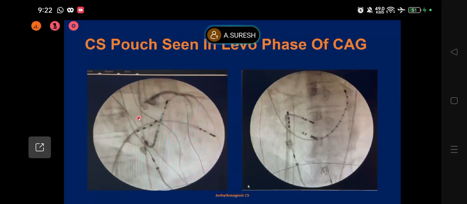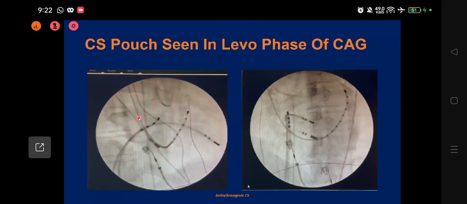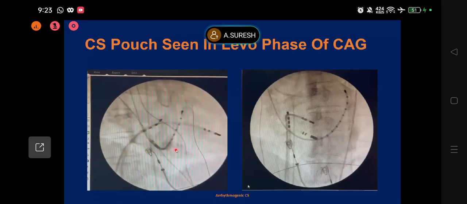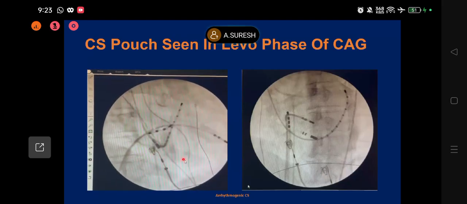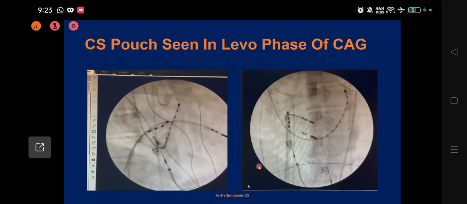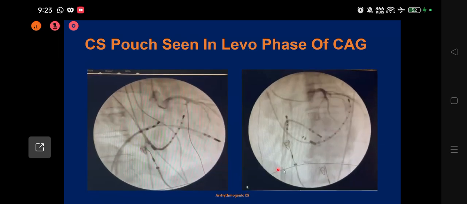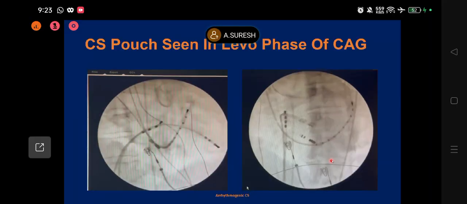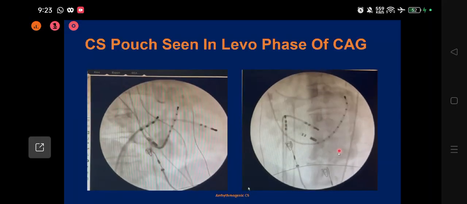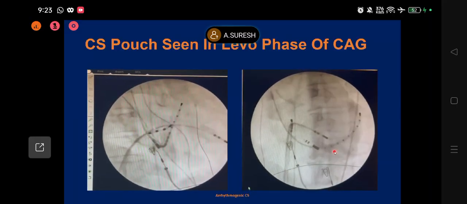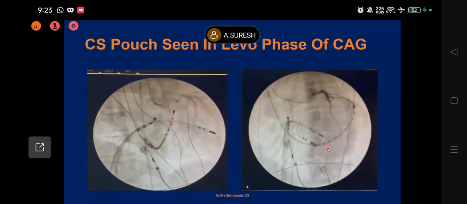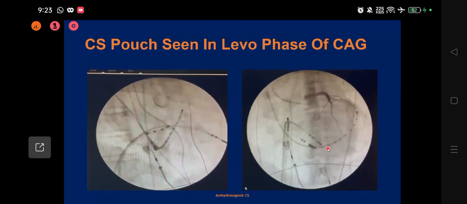This is the coronary angiogram showing the CS pouch. You can see the CS pouch here, and here also, a small CS pouch, in the left view of the coronary angiogram.